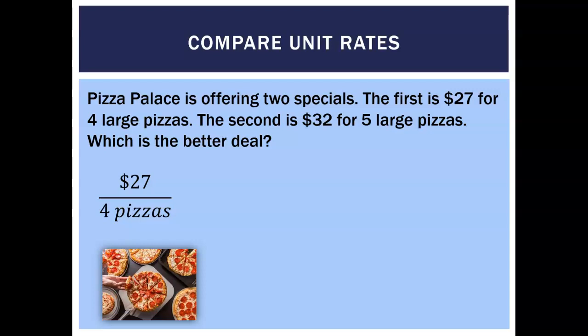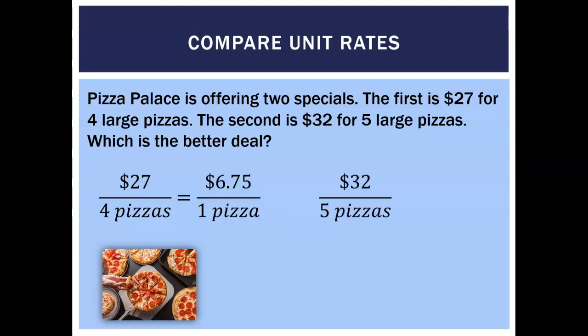To get the unit rate, we'll divide $27 by 4 pizzas and find that it is $6.75 for 1 pizza. Now let's look at the second deal. We will start with $32 for 5 pizzas, and to find the price for 1 pizza, we will divide the $32 by 5.